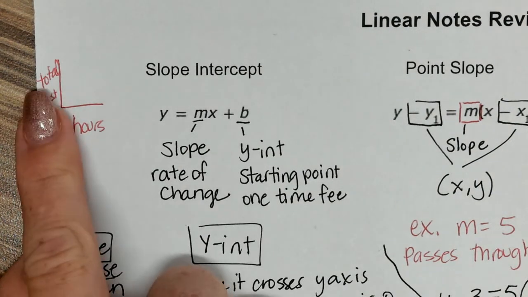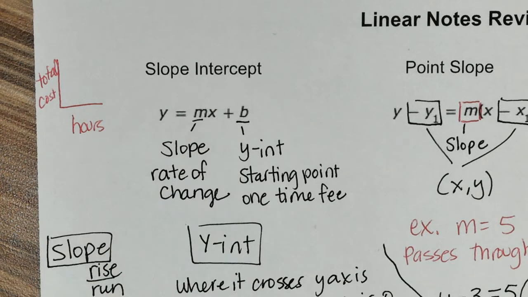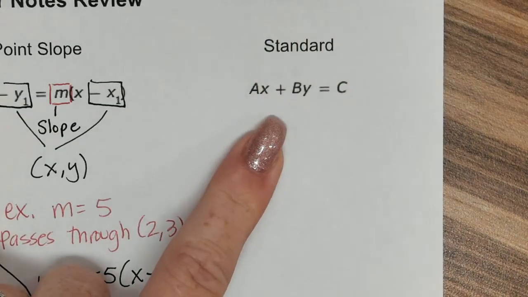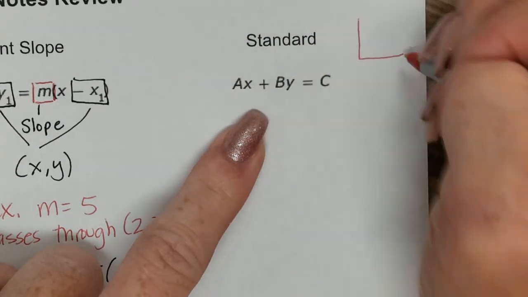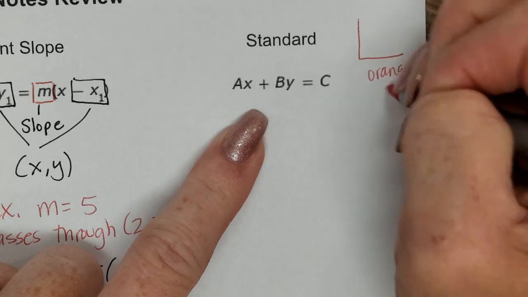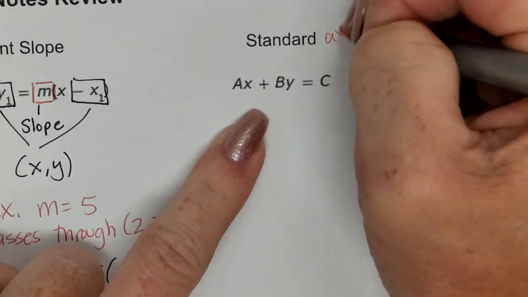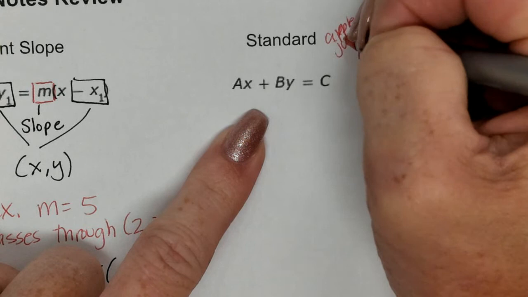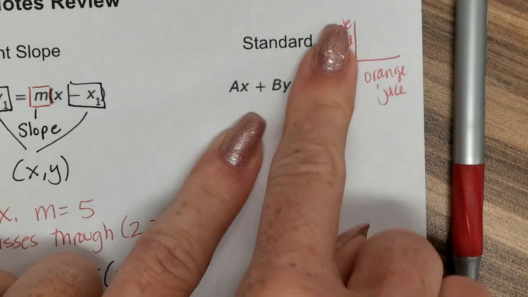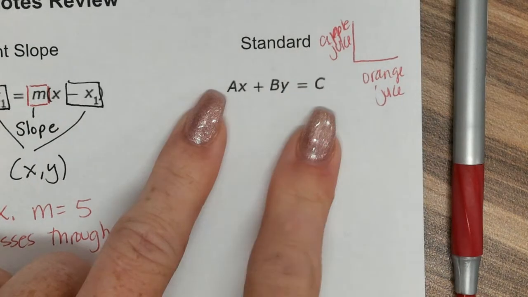Anytime y is your total, you're going to use mx plus b form. But over here, you don't have a y as a total. It's kind of like orange juice and apple juice. Do you see how the y is not a total? That's when you use standard form.